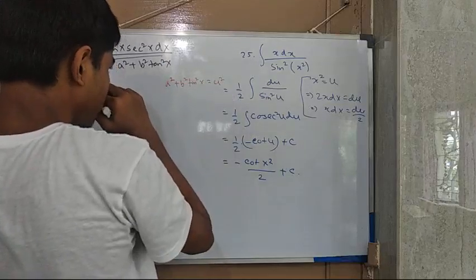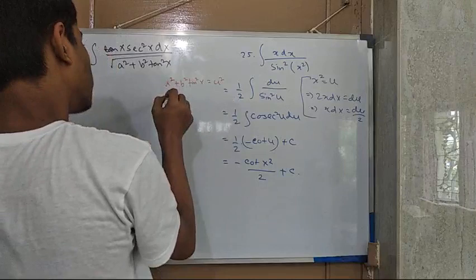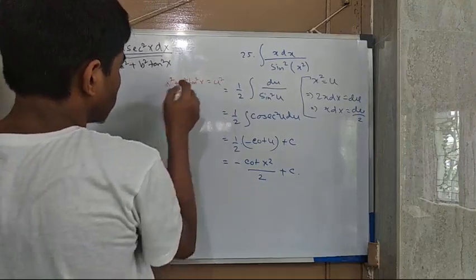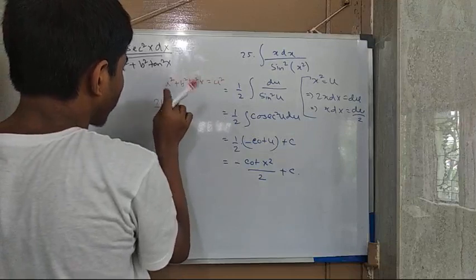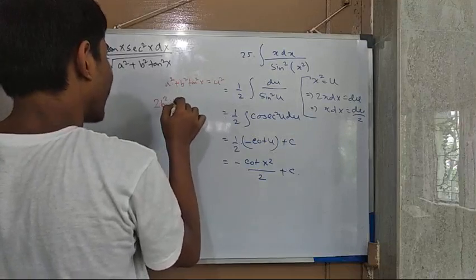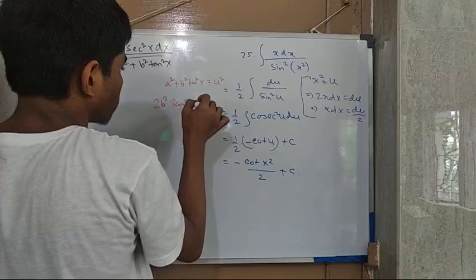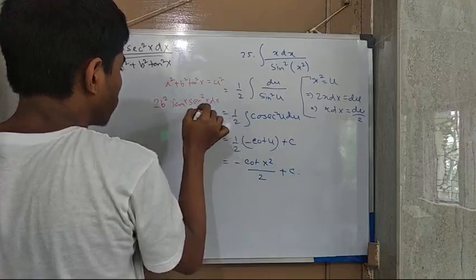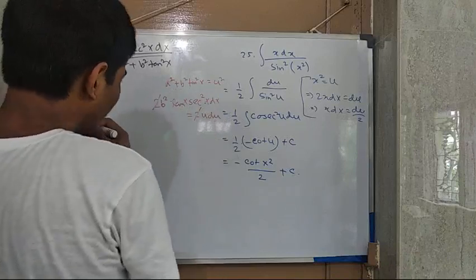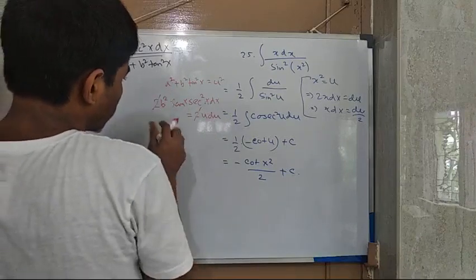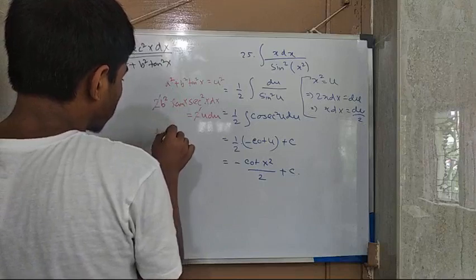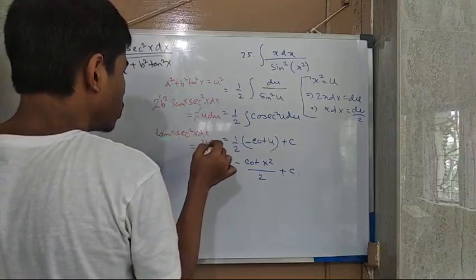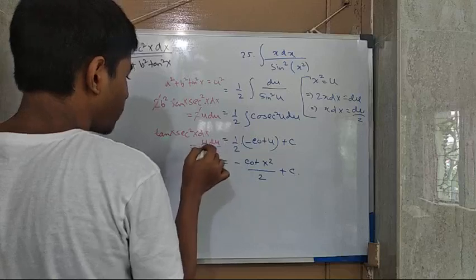So b squared is a constant. This 2b squared times tan x times sec squared x dx is equal to 2u du. 2 gets cancelled, and this becomes tan x sec squared x dx is equal to u du by b squared.